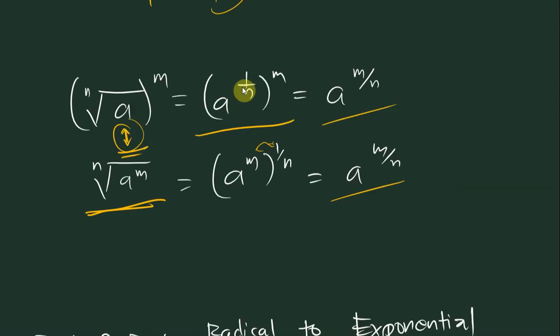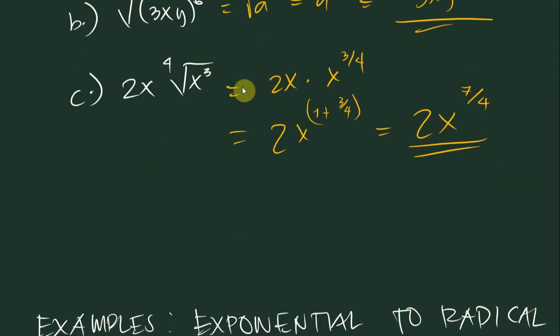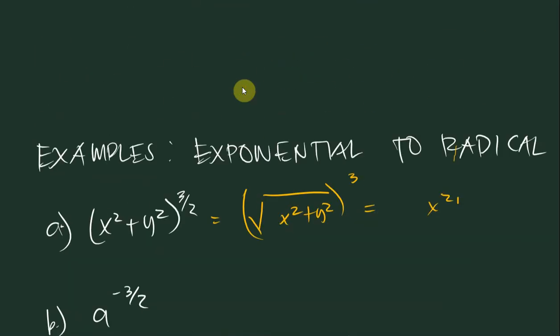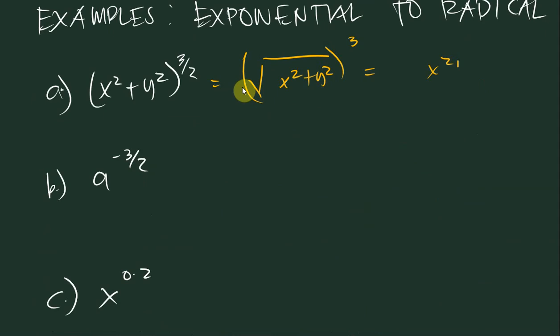These two are equal. So we can then also rewrite this as x squared plus y squared, cubed, and then put the radical symbol, square root. That's our final answer.